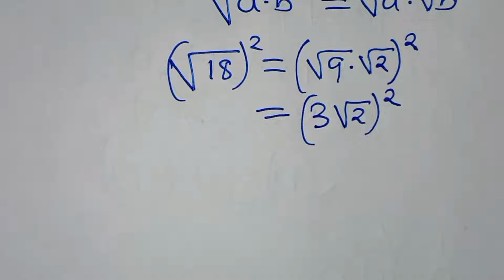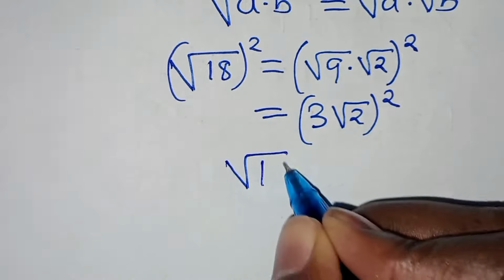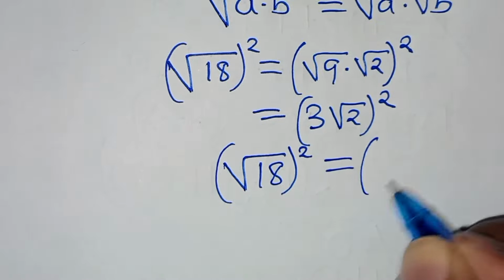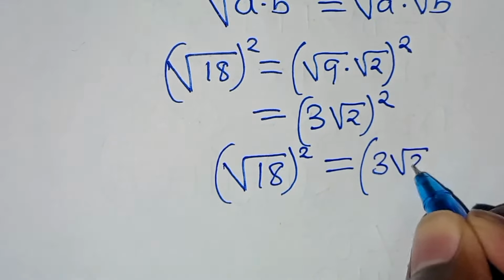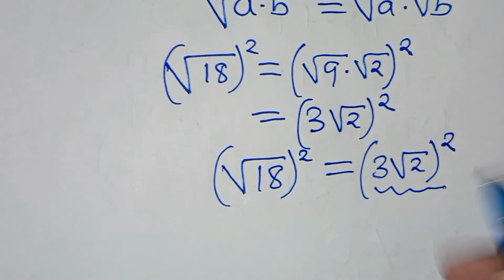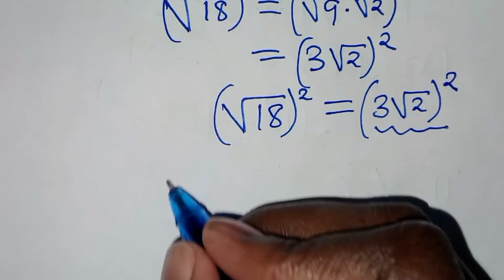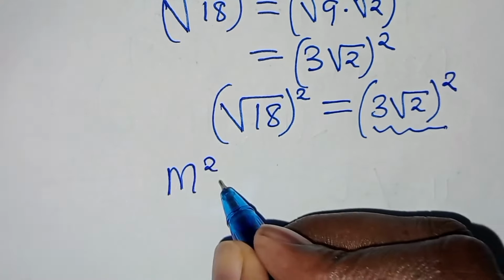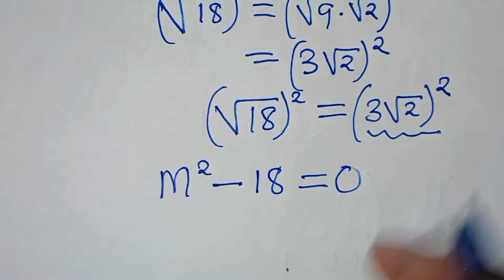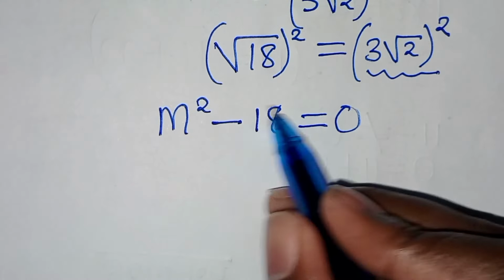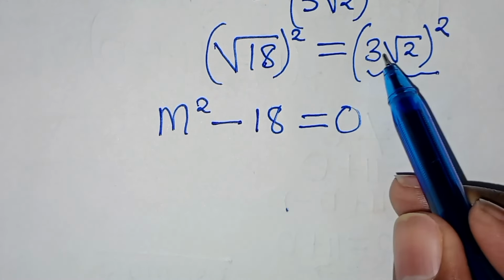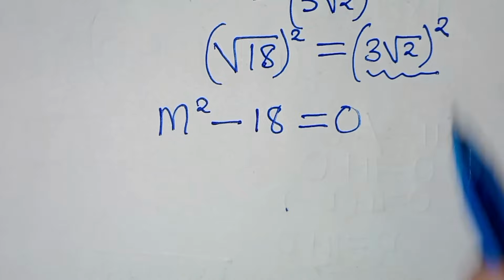So the square root of 18 raised to the power of 2 is the same thing as 3 square root of 2 raised to the power of 2. So let's substitute this back into the equation. Remember, we have m squared minus 18 equal to 0. Substituting 18, which is the square root of 18 to the power of 2, the same thing as 3 square root of 2 to the power of 2.